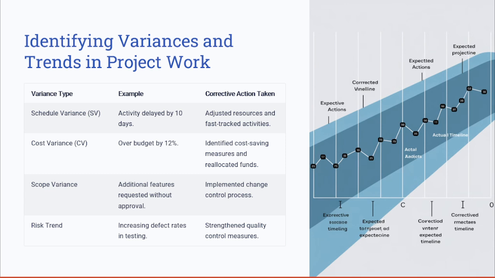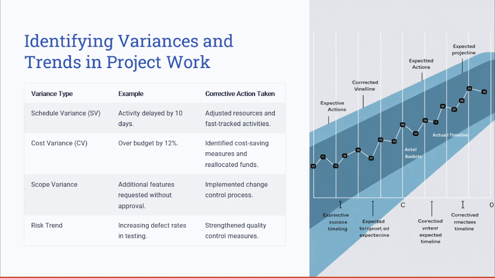We looked at the schedule variance, the SV. For example, say we have an activity that was delayed by 10 days. By understanding the schedule variance and seeing there is a delay of 10 days, the corrective action you might take as a project manager is adjusting the resources and maybe implementing techniques like fast tracking or crashing the activities.